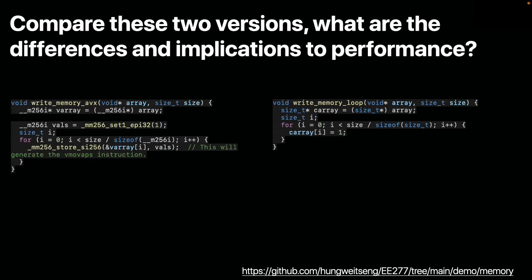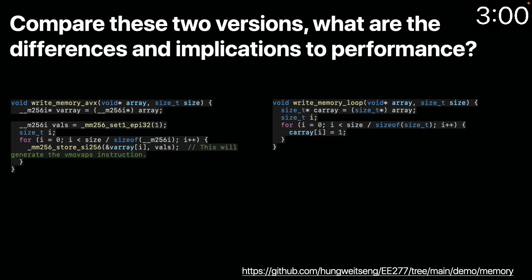All right. So, can I hear your thoughts about this piece of code? What's the difference between the left-hand and right-hand side? Okay, Hunter, what do you think? We think the left is using the vector processing unit of the CPU, and the right is just looking up each individual cell at a time.